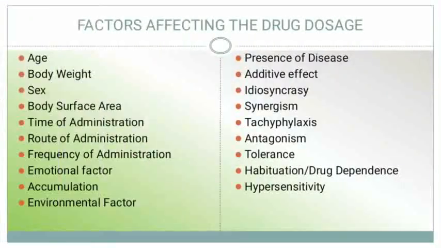Now, moving to the factors which affect the drug dosage. These factors include age, body weight, sex, body surface area, time of administration, route of administration, frequency of administration, emotional factors, accumulation, environmental factors, presence of disease, additive effect, then idiosyncrasy.